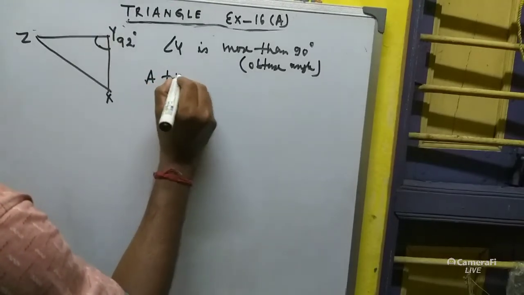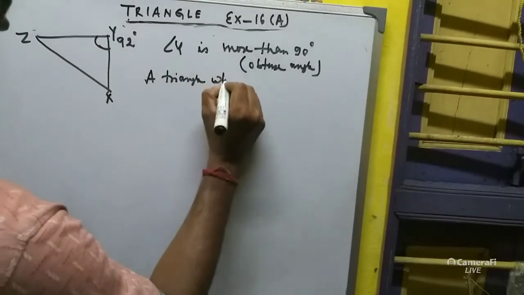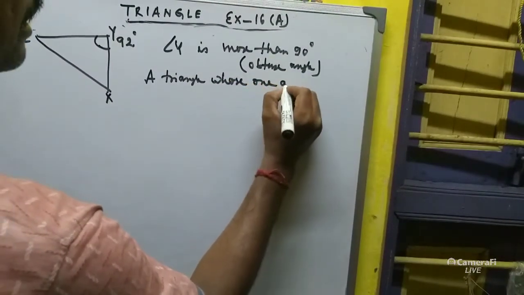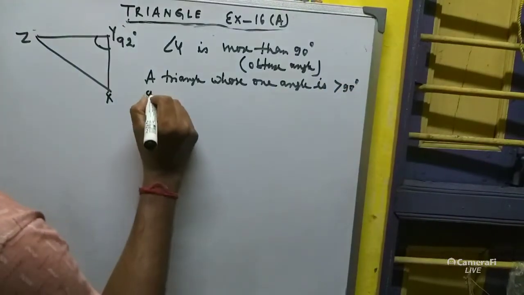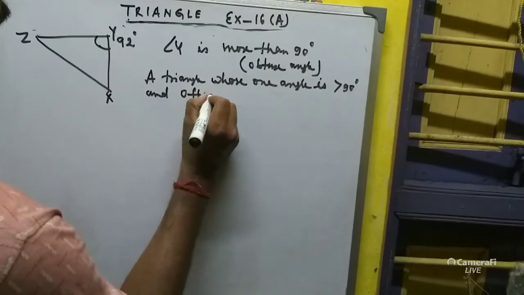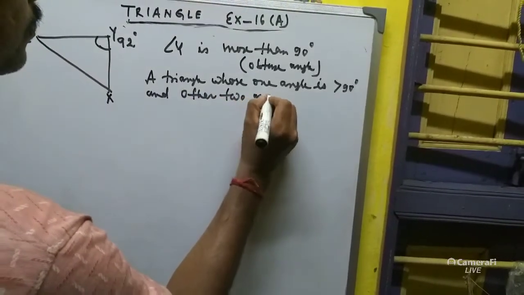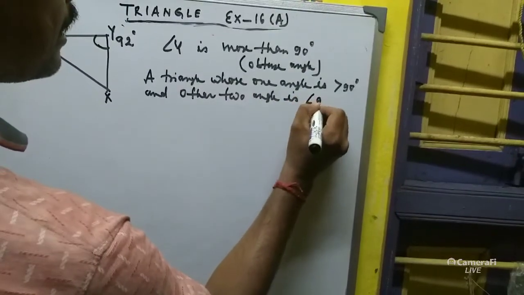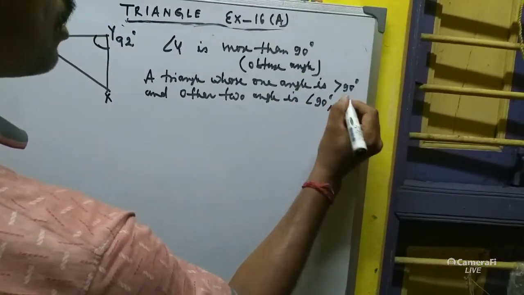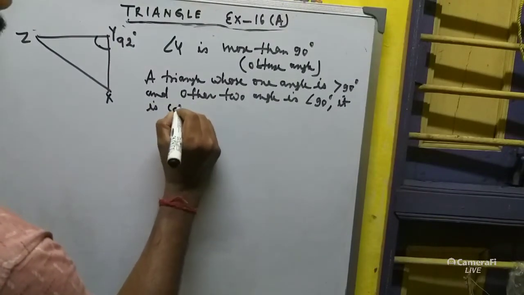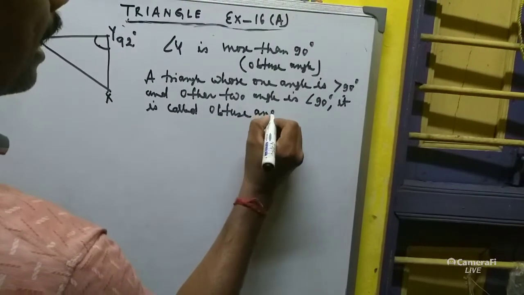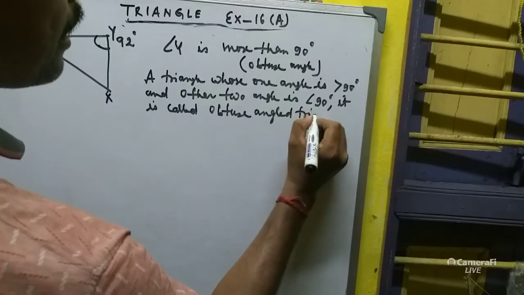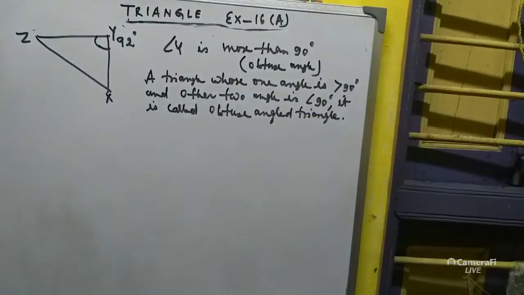A triangle whose one angle is greater than 90 and the other two angles are less than 90 degrees is called an obtuse angled triangle. So these are the features. You must have the idea now, I think.